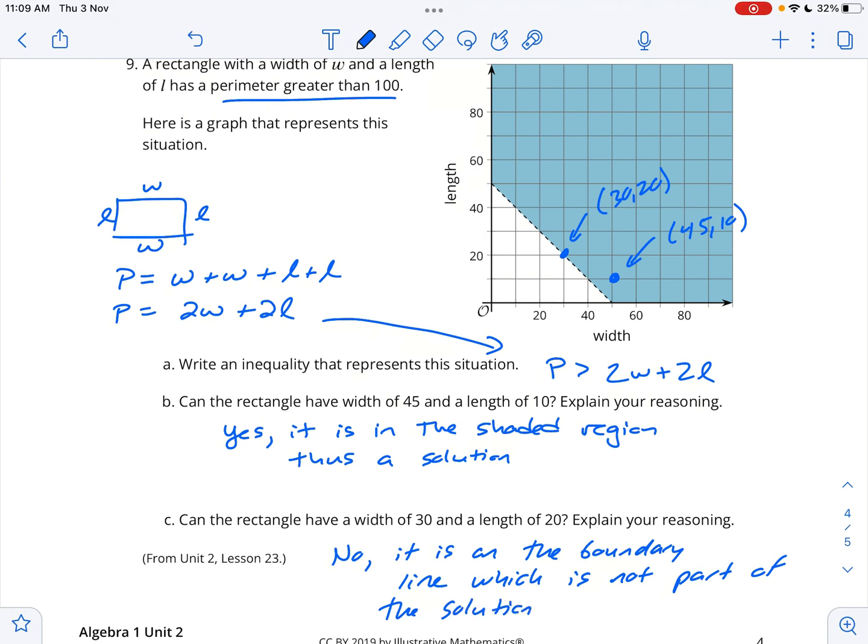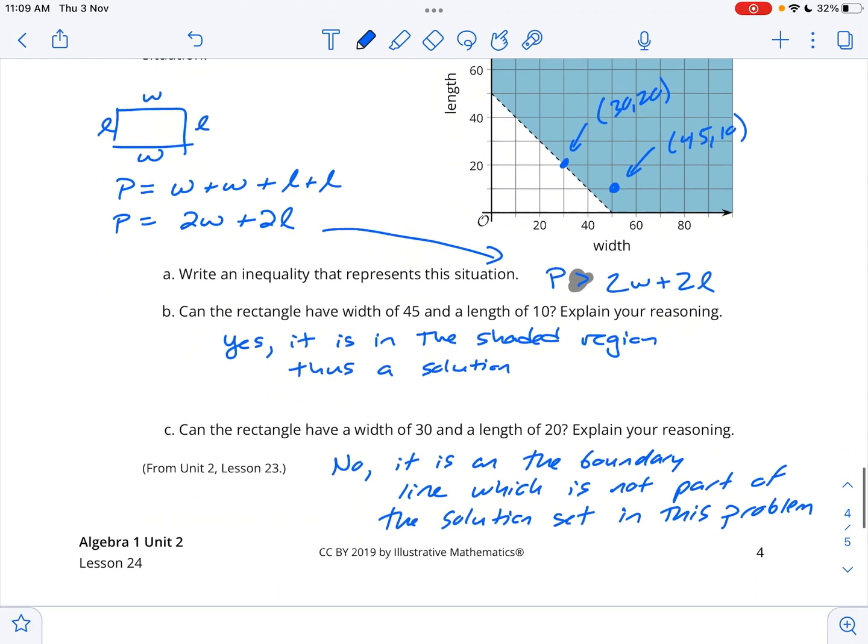Sometimes we do include those, but on this one we don't, and you can tell that because of the dashed line. And you can also tell that because the inequality is a greater than and not a greater than or equal to.